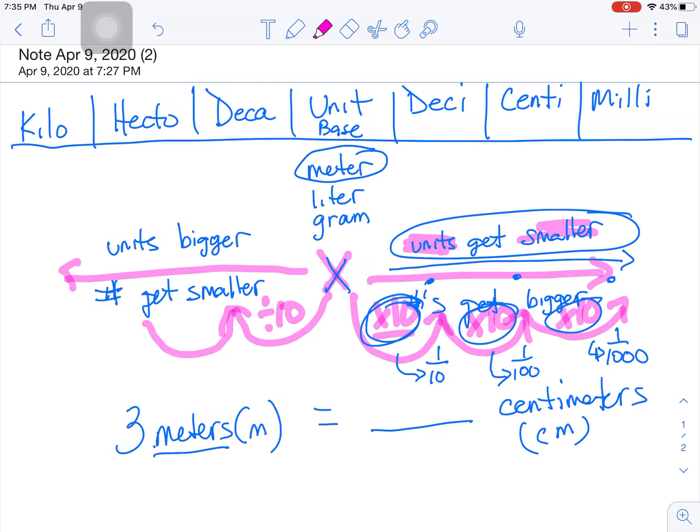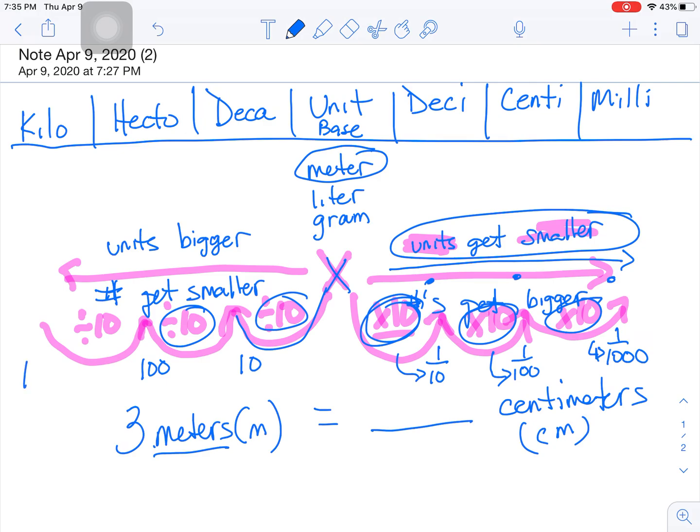My number will appear to be getting smaller, even though my unit of measure is getting larger. So this is the same thing where if I started off, the deca was my 10 because I've only gone one place over. The hecto is my 100 because I've gone 2 places over. And the kilo was my 1,000 because then I've gone 3 places over, okay?